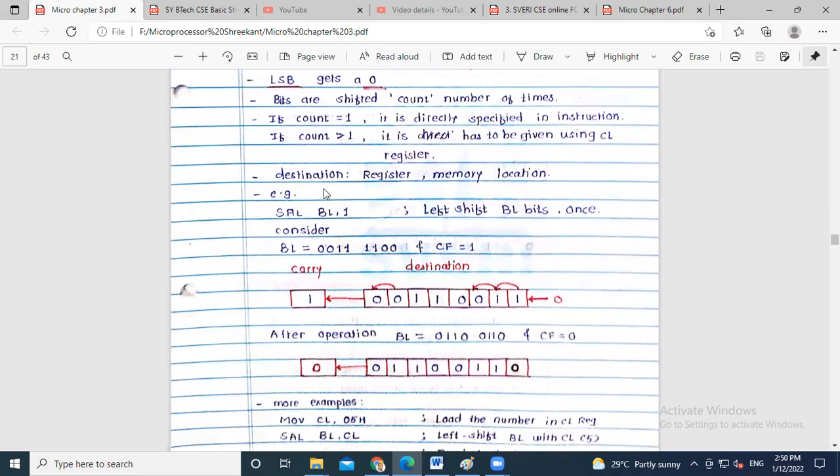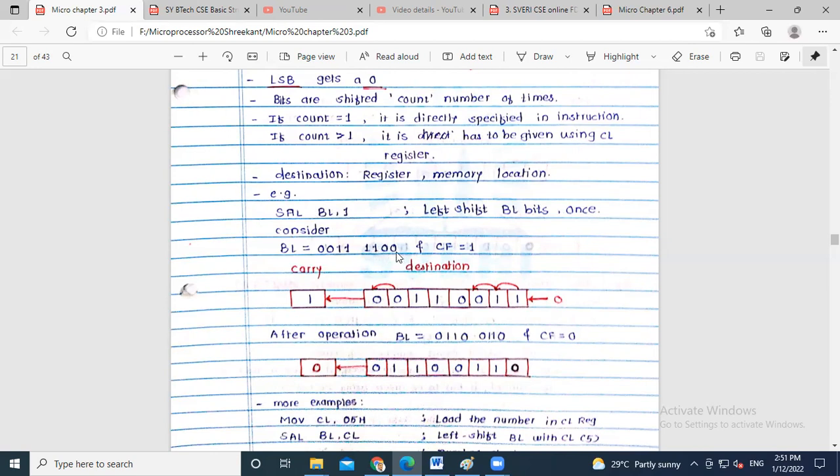Okay. So for that, the destination is a register or memory location. For example, SHL BL comma 1 means left shift of BL bits. If BL bits is 0001, then 1 bit is going to be shifted left. 0010 it becomes.